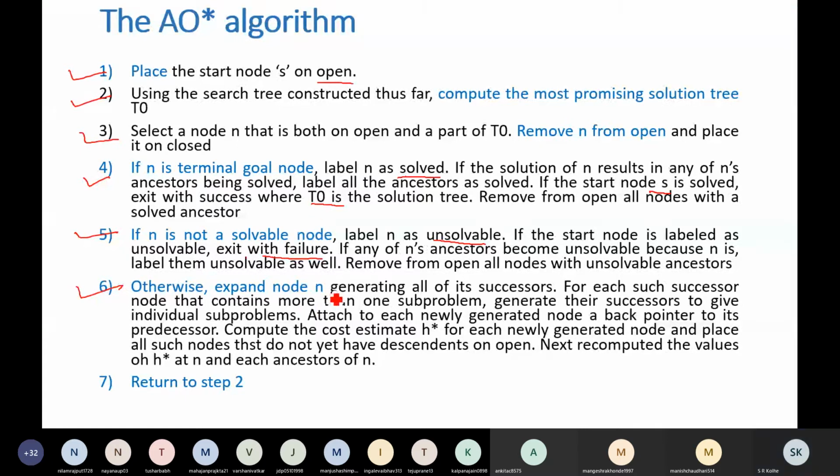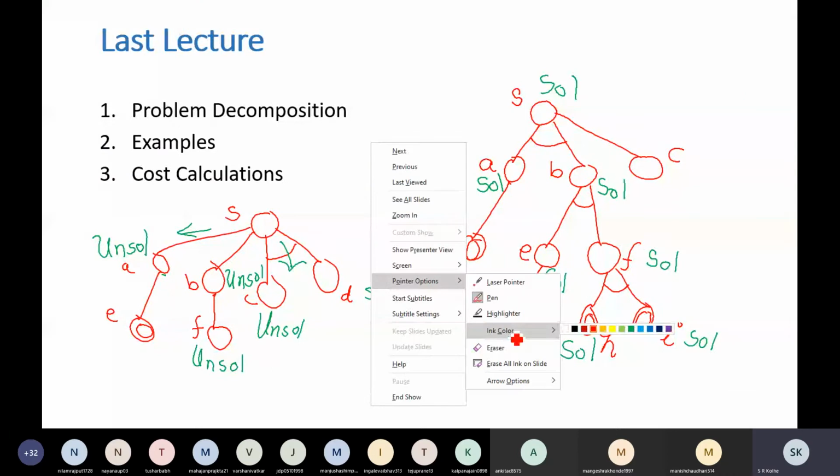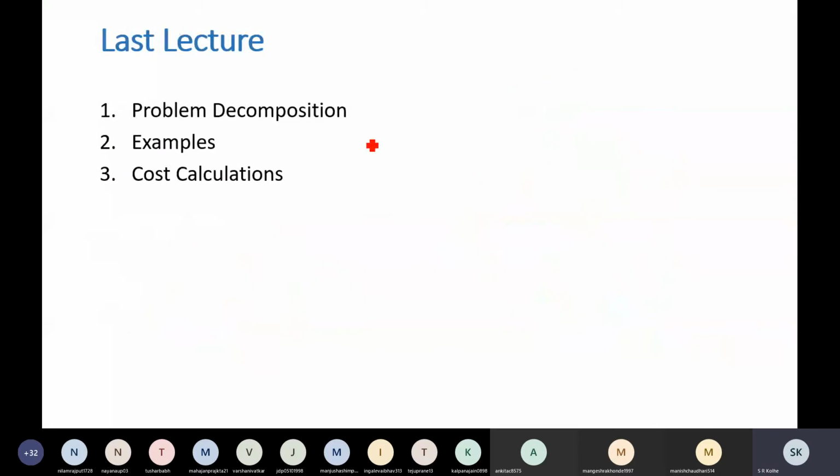Otherwise, generate their successors for each successor. It may contain more than one subproblem. What is the meaning of this?